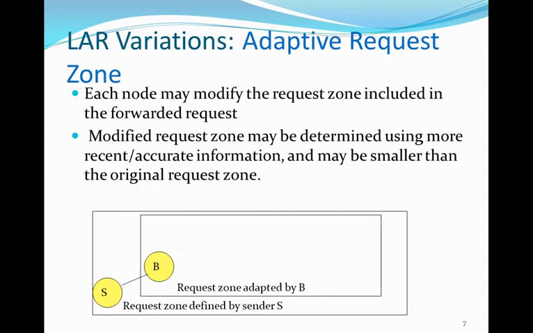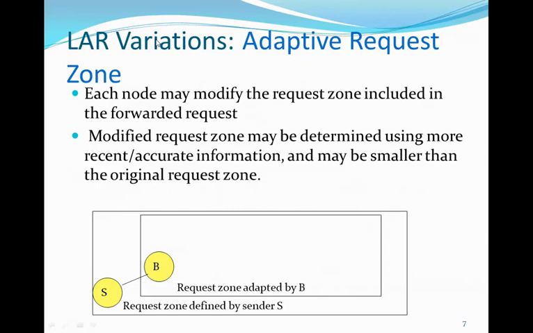In adaptive request zone, each node may modify the request zone included in the forwarded request. Then the modified request zone may be determined using more recent or accurate information and may be smaller than the original request zone.